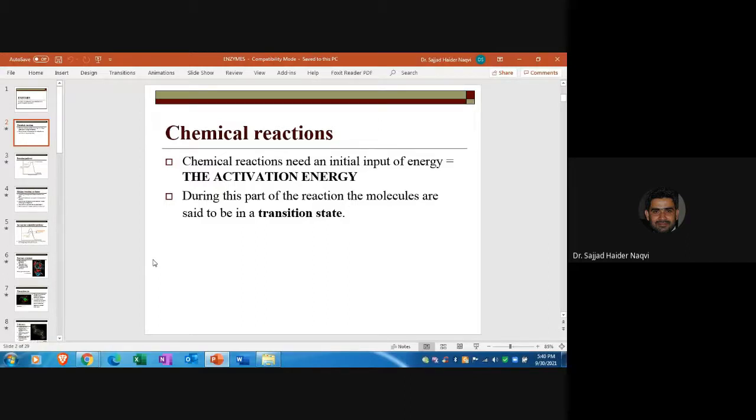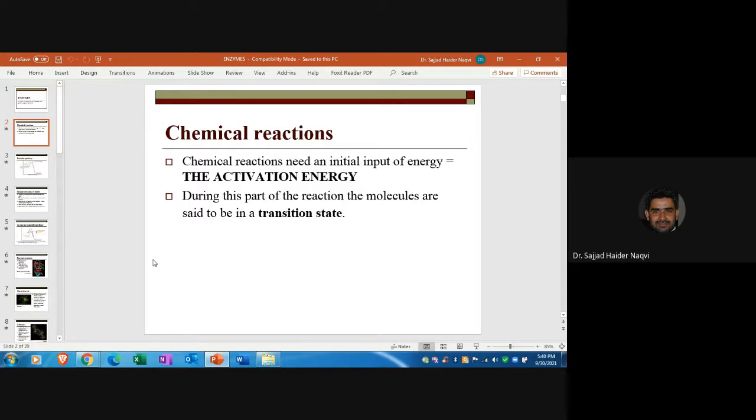So, any metabolic reaction will definitely start with a substrate, which is a more appropriate term when it comes to the biological reaction, or in general chemistry, you call it a reactant. That substrate or reactant will be transformed into a product.